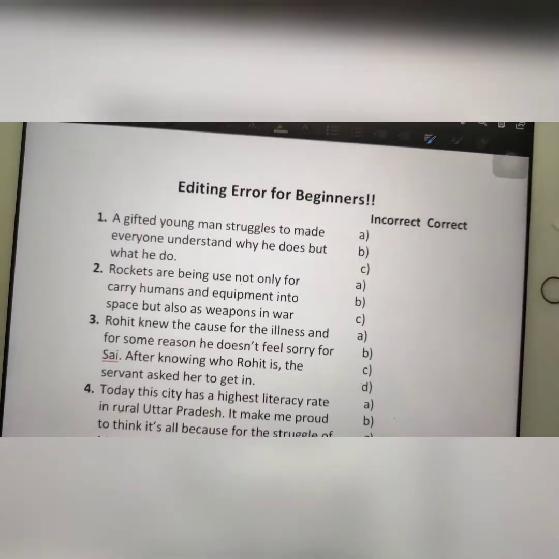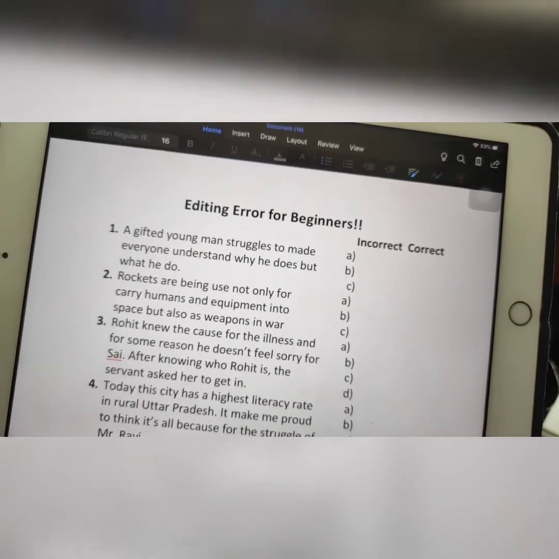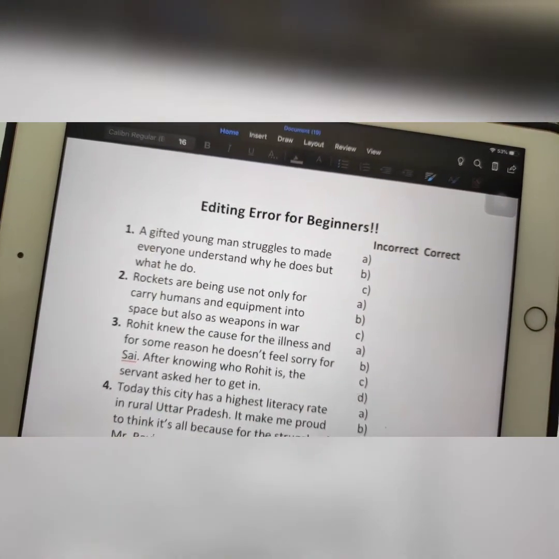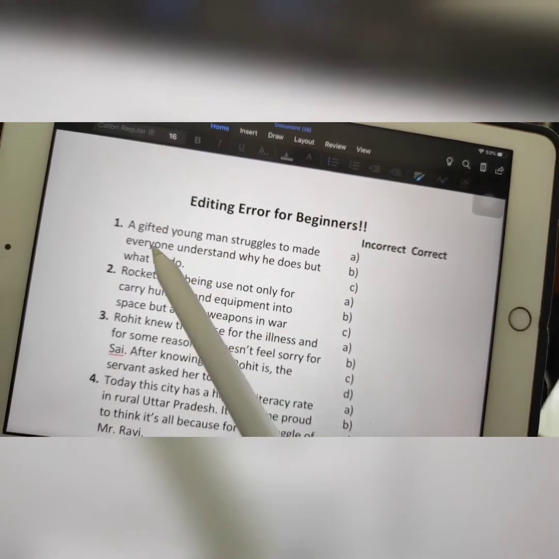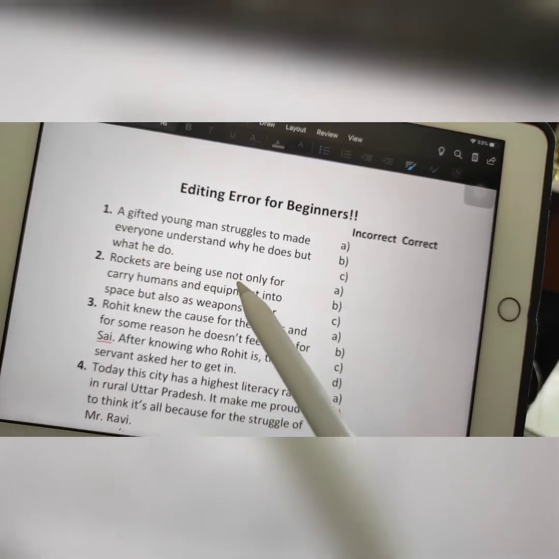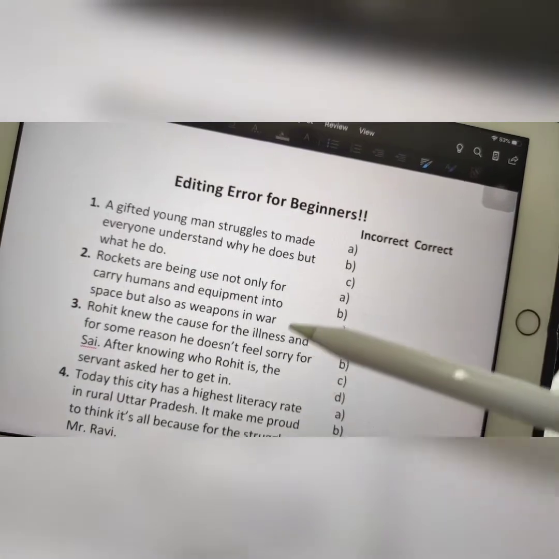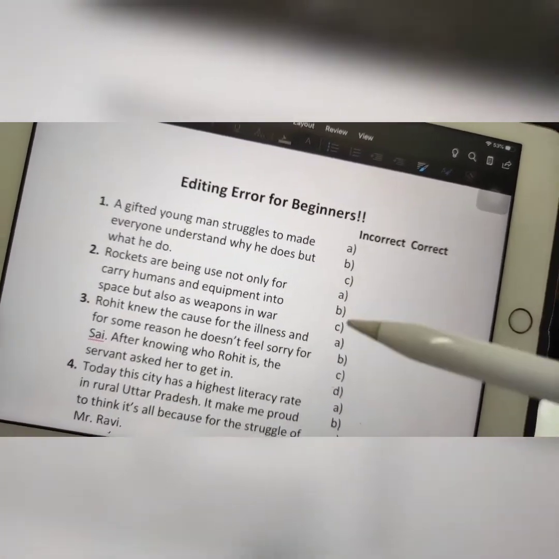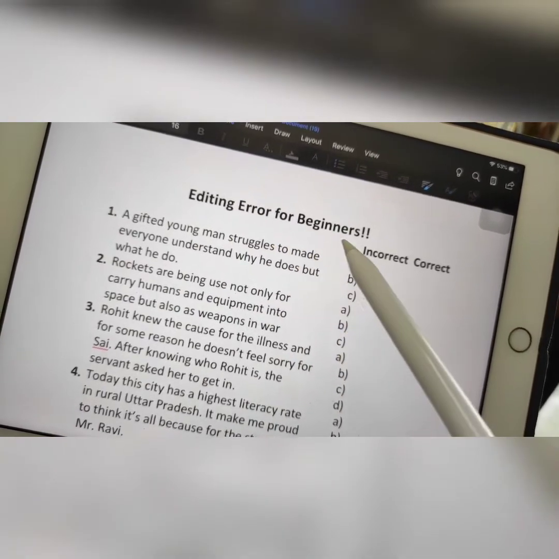Here we will do some editing error passages which are only for beginners. So first of all, the first passage: a gifted young man struggles to make everyone understand why he does but what he do. There is one error in each of these lines. So we have to find it out. Let us read it again. A gifted young man struggles to made.